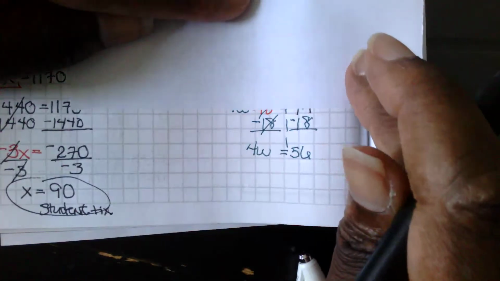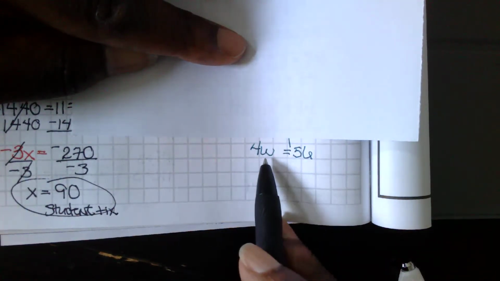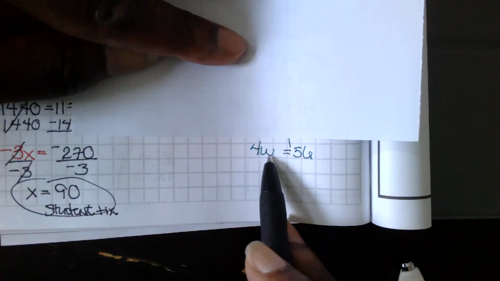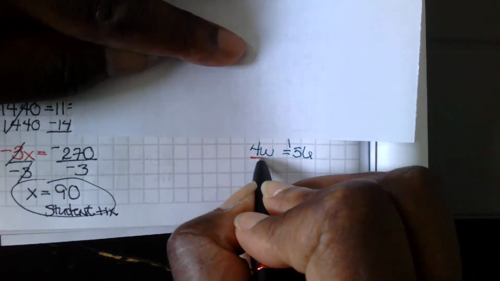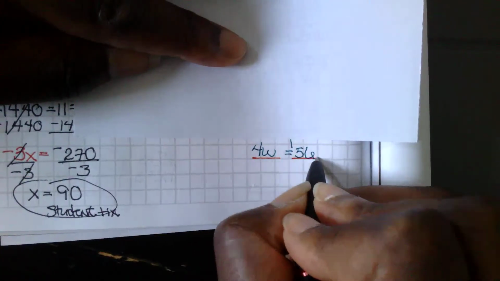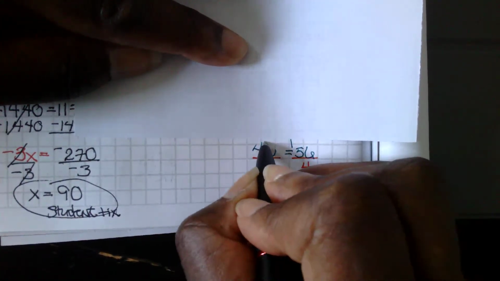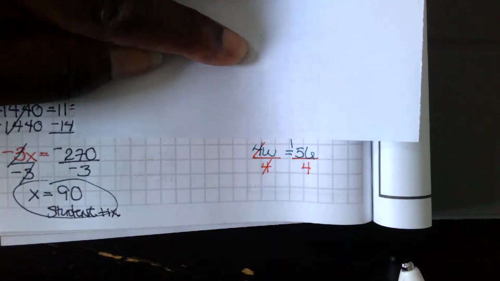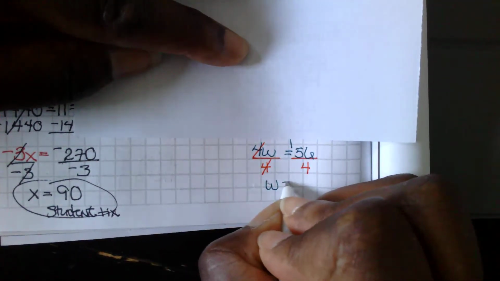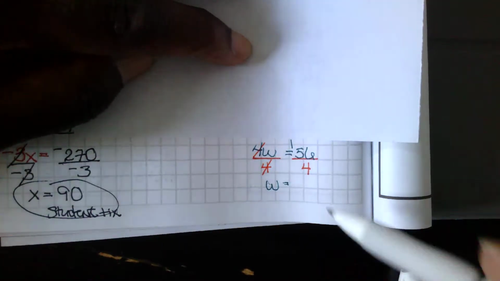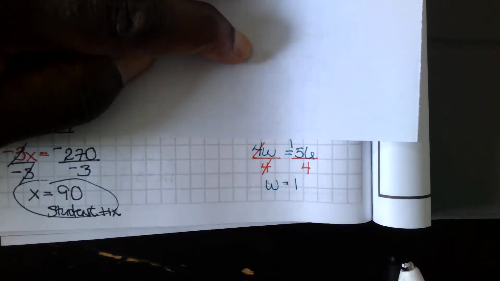Okay, bring down to the focus of our eyes. So we want to get W by itself. 4W is the same as 4 times W. And the inverse or the opposite of multiplication is division. So we have our W equals, how many 4s can go into 5? Well, that's 1.